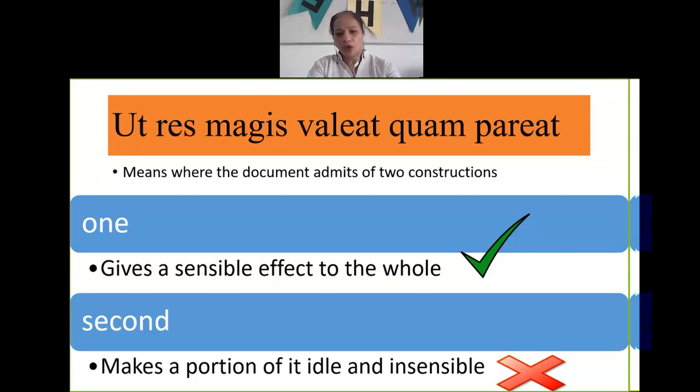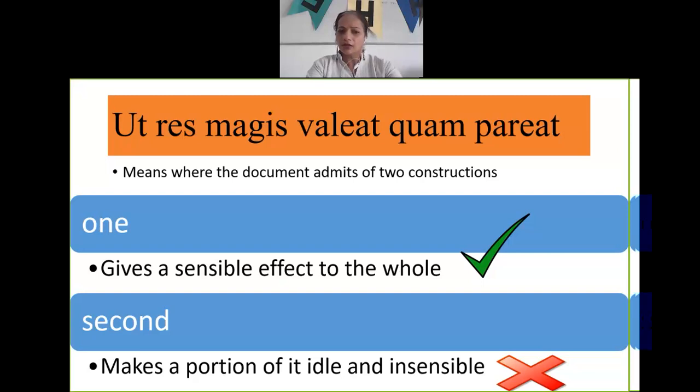Whenever we have a document, and whatever is written in that document gives two ideas about that particular property, the first idea gives a sensible effect to the whole content of that document. The second makes a portion of it ineffective and insensible.